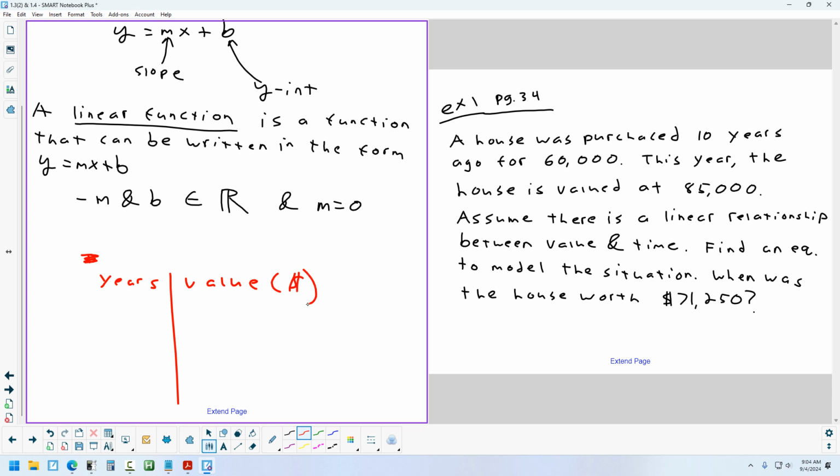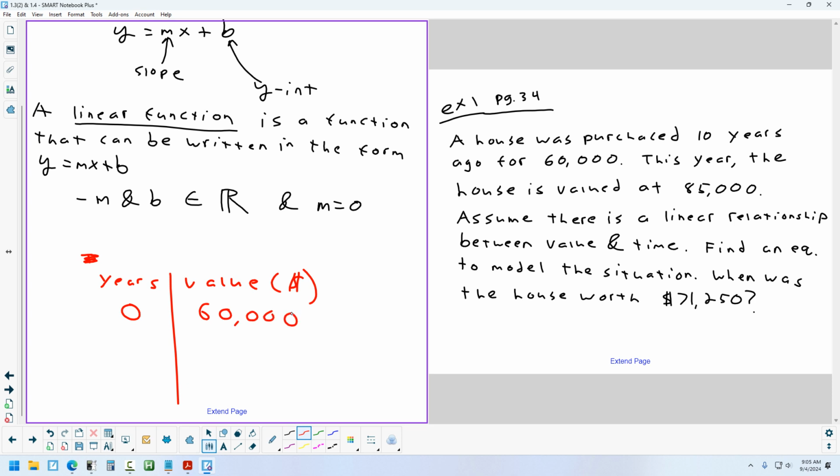$60,000 was the value at the beginning, the very first value of this house. So how many years had gone by when the value of the house was 60,000? If you think of it as your y-intercept, it kind of tells you how many years have gone by. Yep. None. So 0, 60,000.